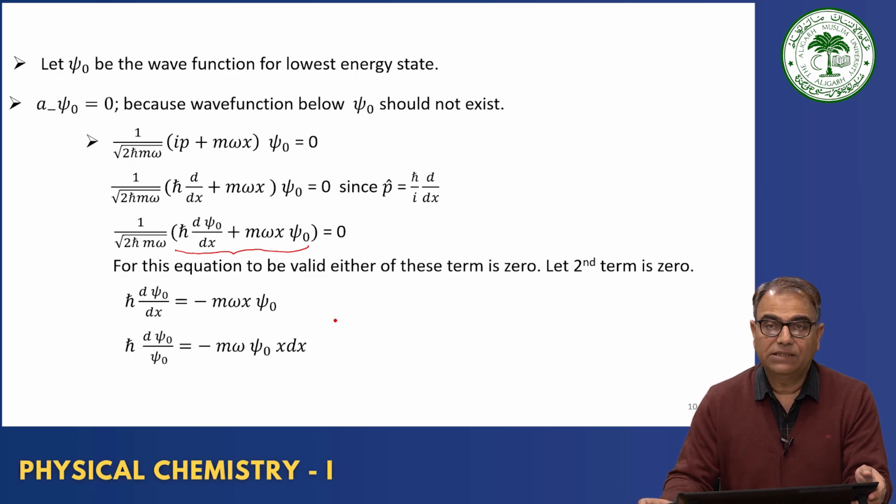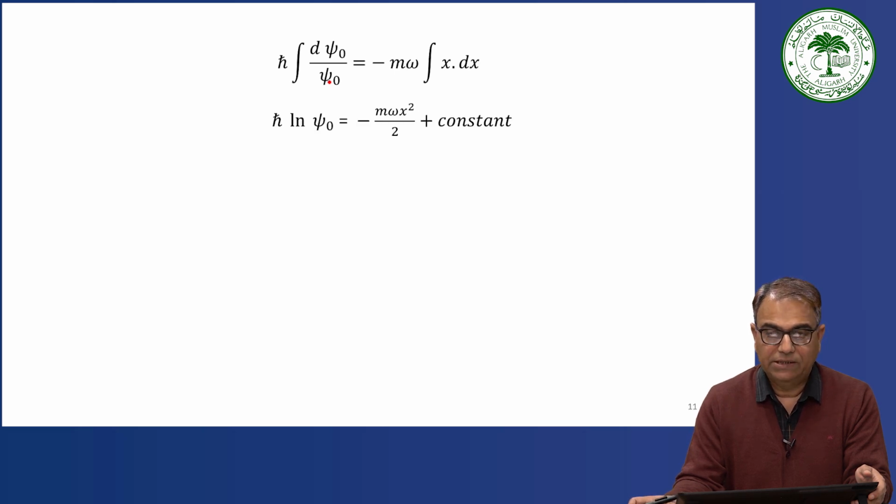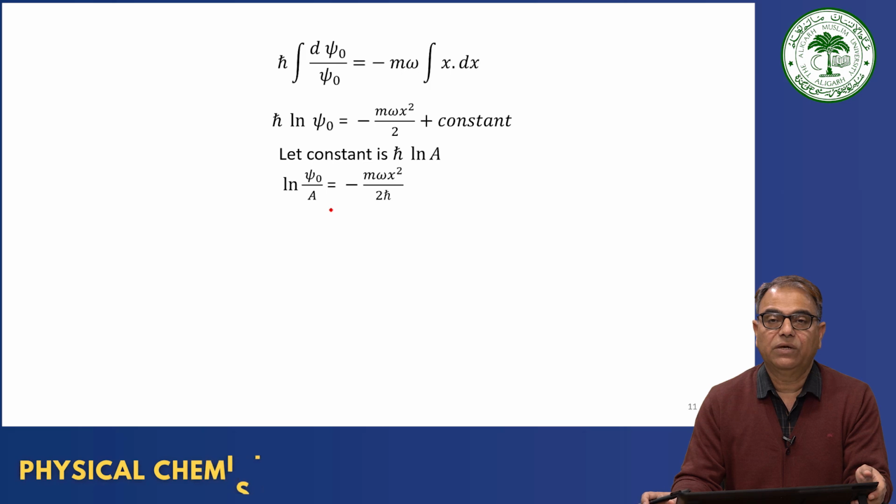Now we can integrate this equation, and if we integrate without limits, what do we get? ln psi 0 equals minus m omega x square divided by 2 h cross, plus a constant. If we suppose that the constant is ln a, then we can write the above equation as ln of psi 0 by a equal to minus m omega x square divided by 2 h cross.